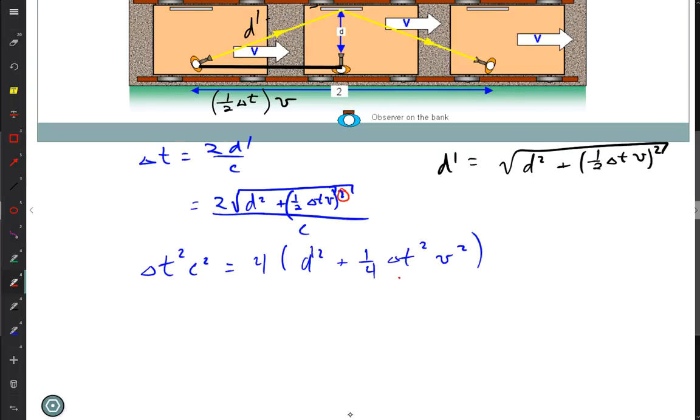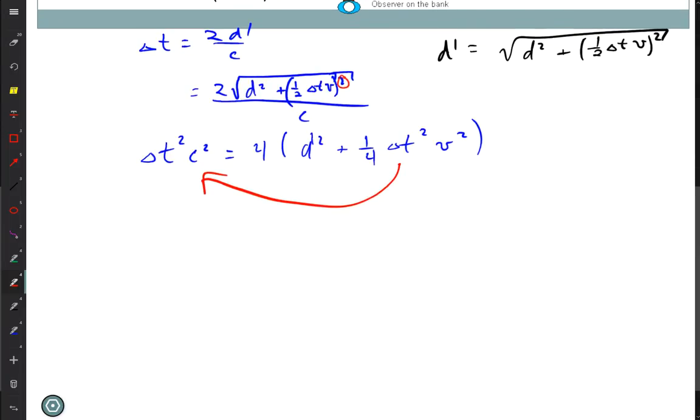So I'm just going to take this term and bring it over here. Notice 4 times 1/4, conveniently enough, is 1. So I'm going to have delta t squared times c squared minus v squared equals 4d squared.